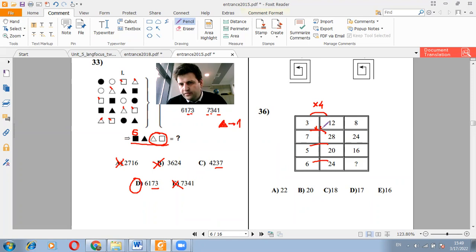It repeats itself every time. And then once we get 12, 28, 20, 24, we just subtract 4. So times 4 minus 4. 28 minus 4 is 24. 20 minus 4 is 16. And 24 minus 4 is 20.